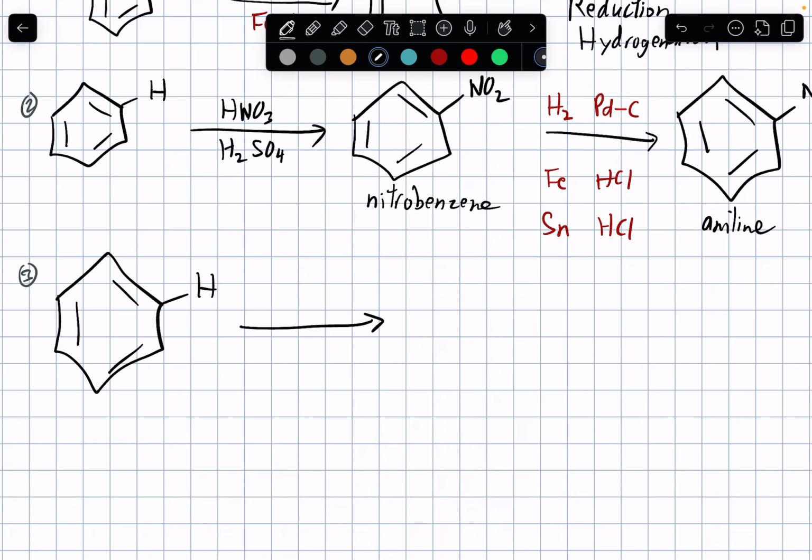Okay, so third is Friedel-Crafts acylation. So what are the reagents? We're gonna involve AlCl3, that's gonna be our catalyst. We want to add an acyl group.